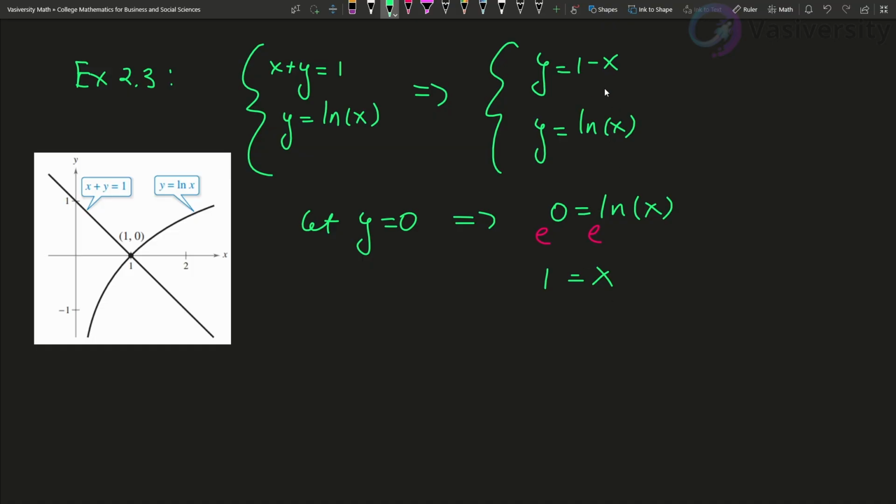Then we can plug that back into the equation, and we'll find out that y is equal to 1 minus x, which is equal to 1 minus 1, which is 0. So that checks out. So our solution point is (1, 0), and that's going to be our solution to this nonlinear system of equations.